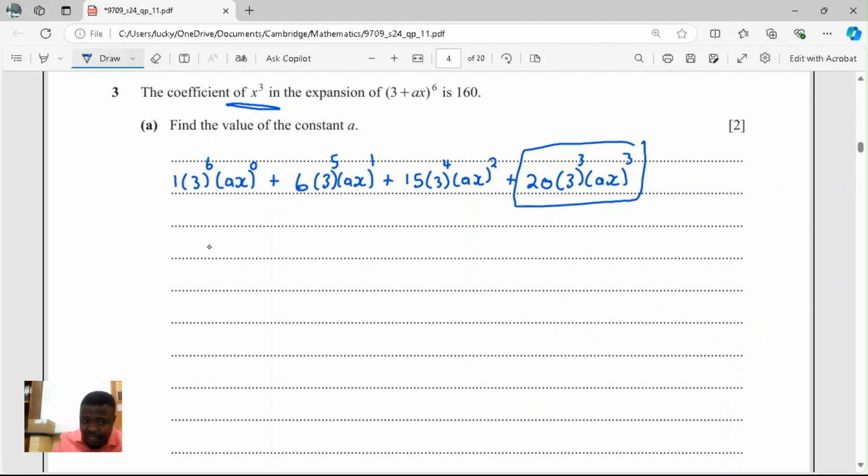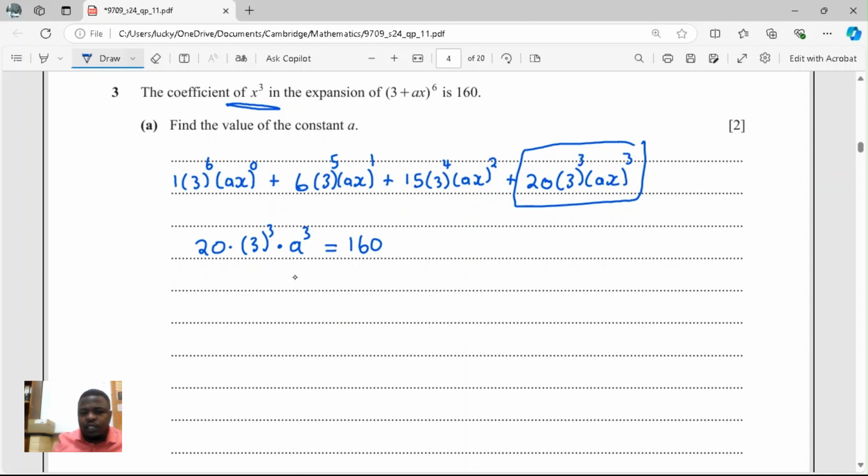So now they are saying that 20 times 3 cubed times my a cubed must give me 160. This is 27. 27 times 20, let's quickly do it with my calculator.